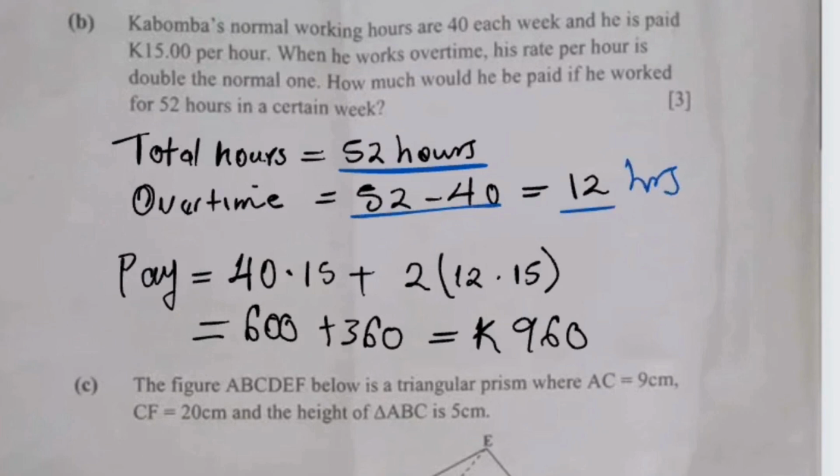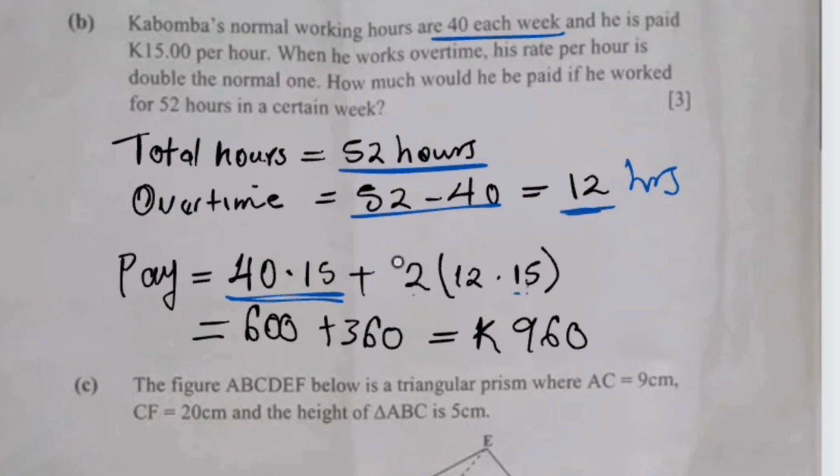Okay. Now, what is the calculation of the pay? Calculation of the pay is the working hours is 40. So that is 40 multiplied by 15. That is 15 per hour. So 40 multiplied by 15 plus twice 12 multiplied by 15. So 12 is the overtime and 15 is the normal rate.